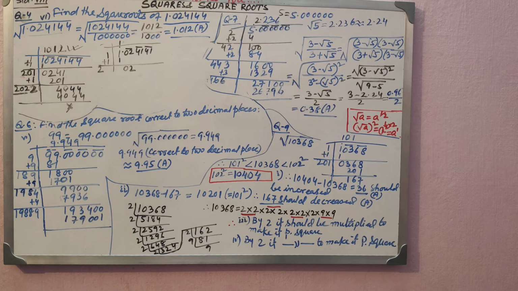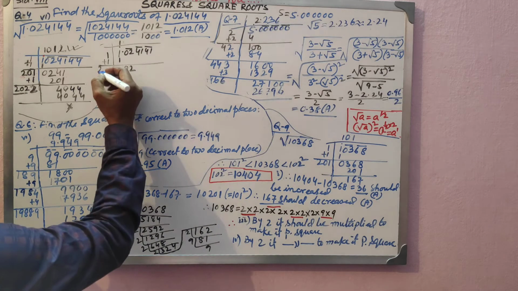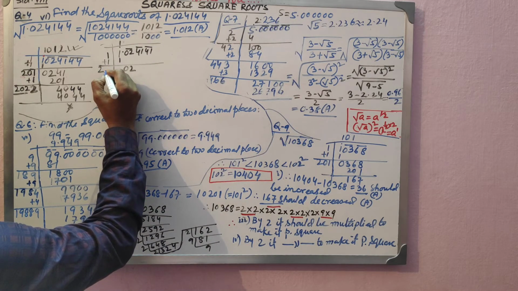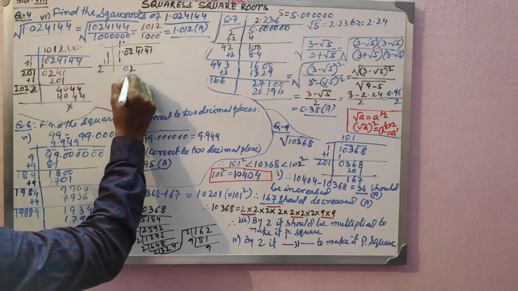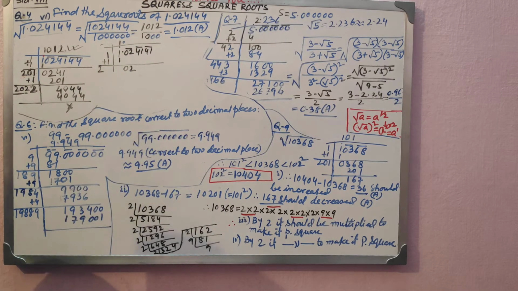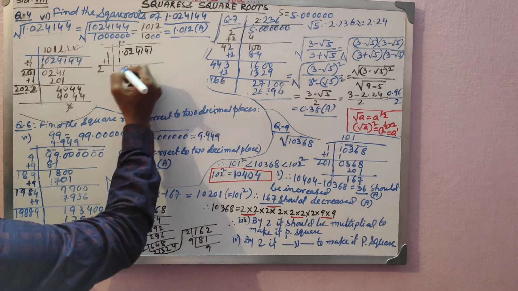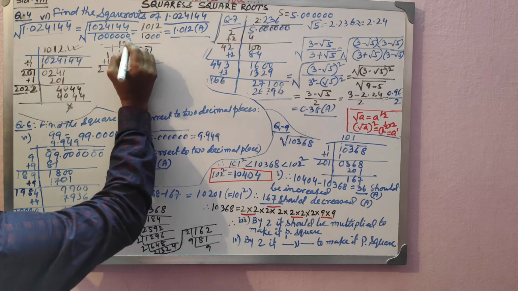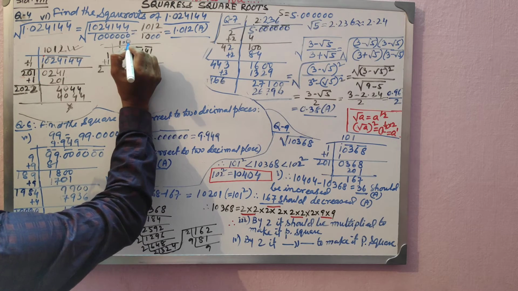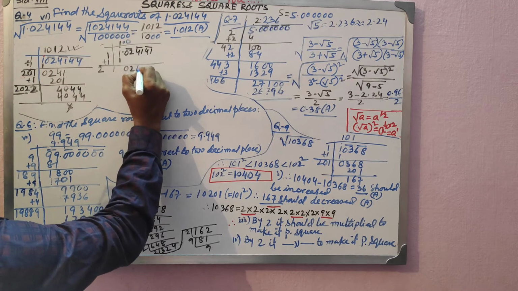Therefore, student, what will you do? If you are putting 1 and multiplying by itself, then it will be minimum 21. But it is not. It is 2. So what will you do? It will not go. The 2 is smaller. So put 0 in the quotient, and the next pair of numbers will come down.